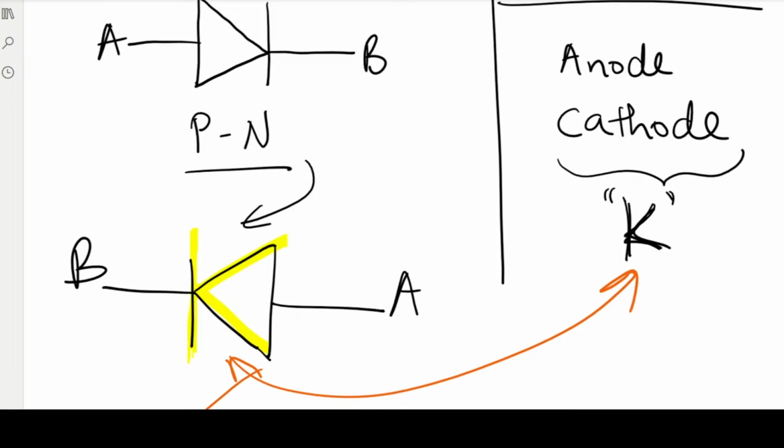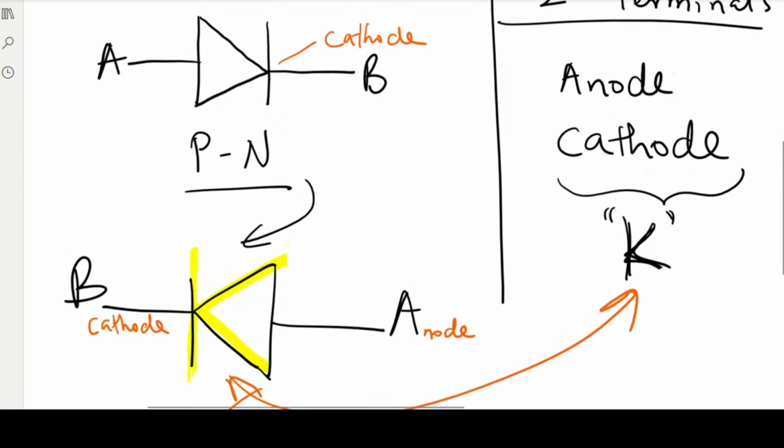So since they are just two terminals, once you find one, the other one is, if I find the cathode, the other terminal is the anode. So it's easy, right? So anode goes over here, and cathode here. Okay. So whatever looks like K, so this is like an inverted K, so this is your cathode. All right. You can pause the video, you can go back and rewatch it.